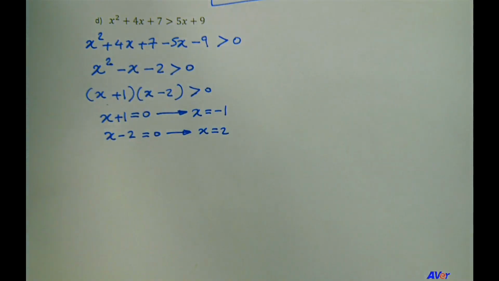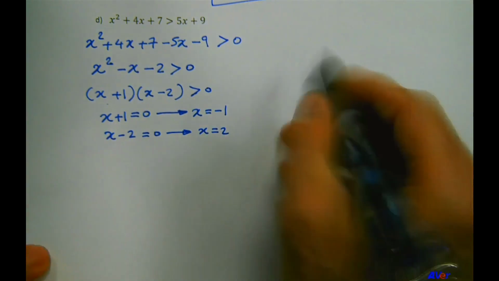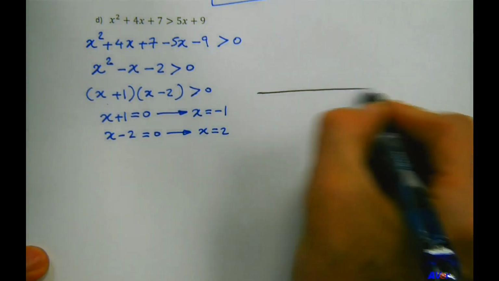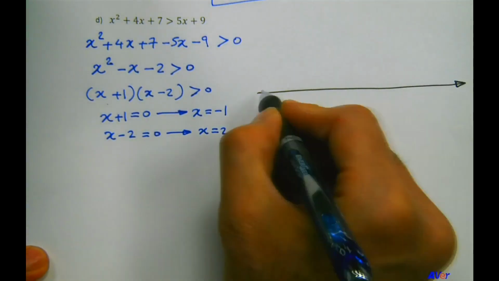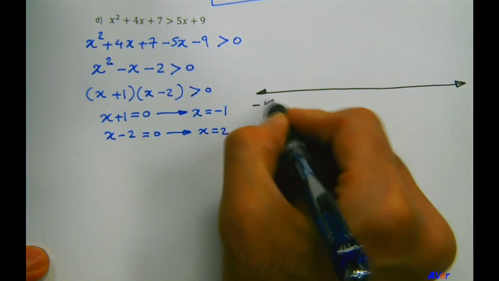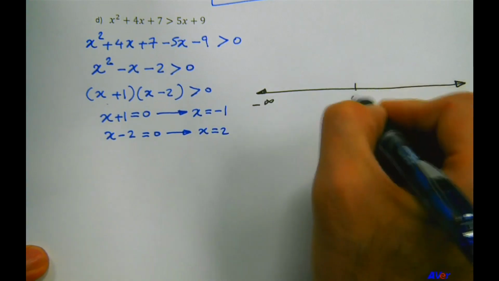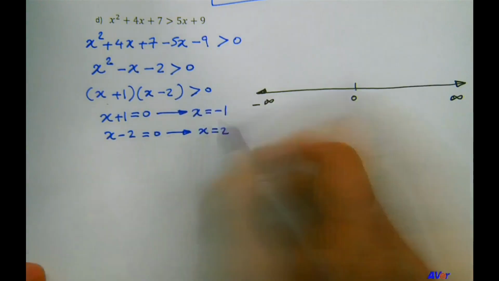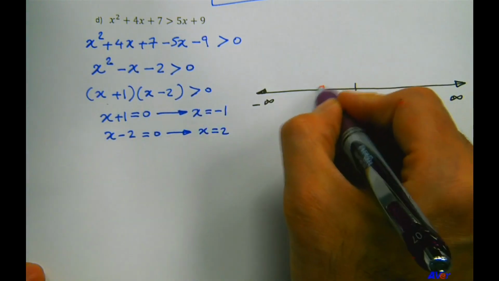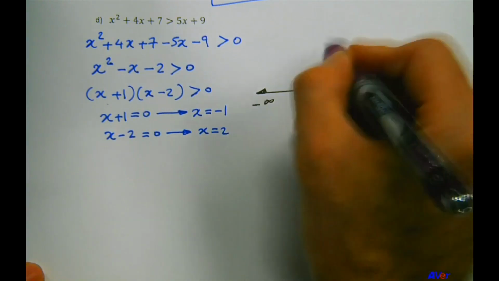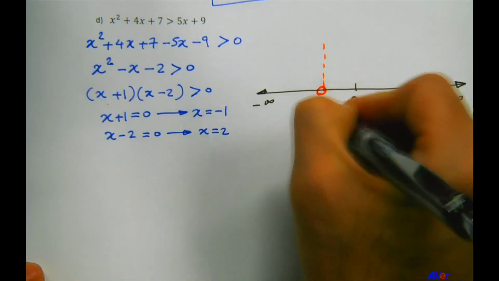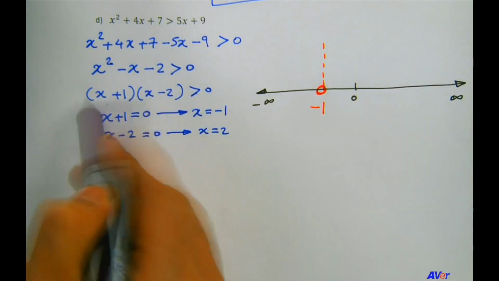Okay, so then let's draw the graph for this one. So -1 would be somewhere here. I'm going to put a hollow circle there and a dashed line over it, because the left cannot be equal to 0.